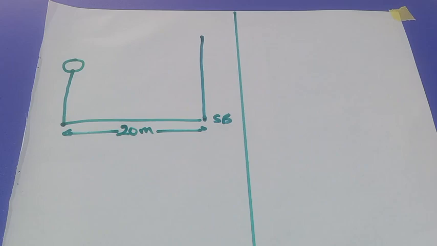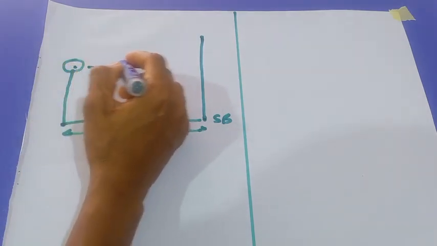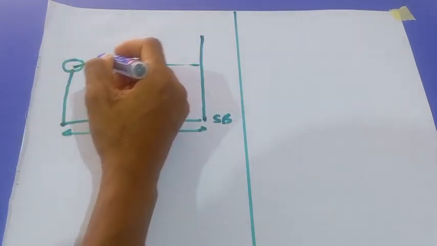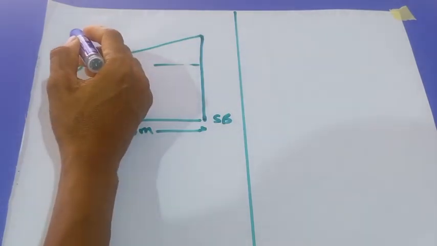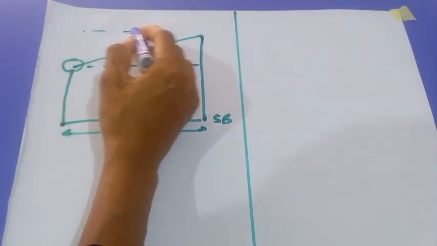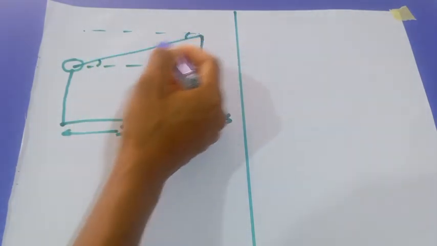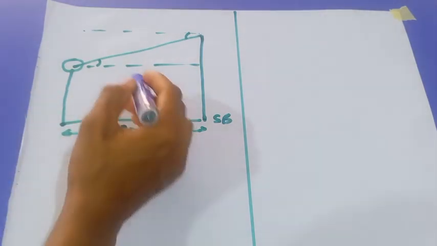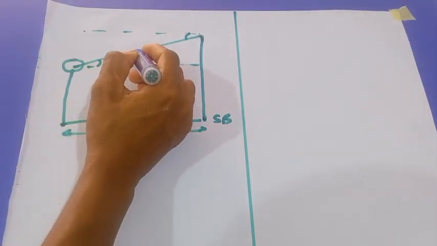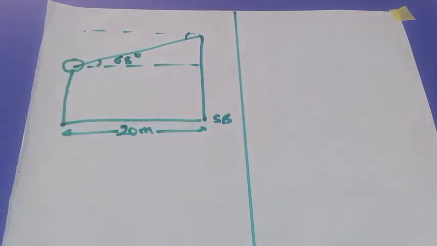Then the angle of depression of the mango is 68 degrees. I will put this horizontal distance and now place this angle. Remember that if you have the angle of depression, alternate angles are equal. So we can have this as 68 degrees.